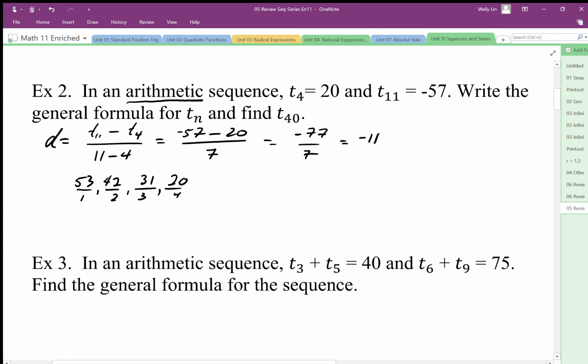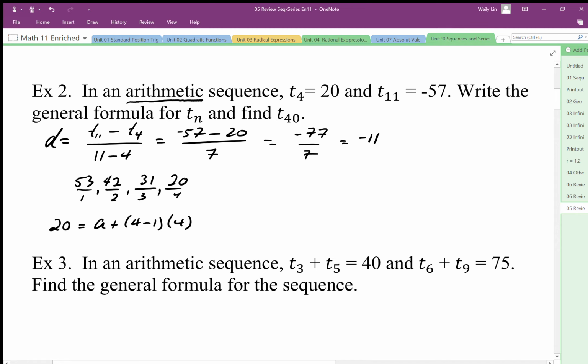We could also calculate the A value by substituting into the formula. I can choose one of these two terms, so T4 is equal to A plus 4 minus 1 times the common difference.